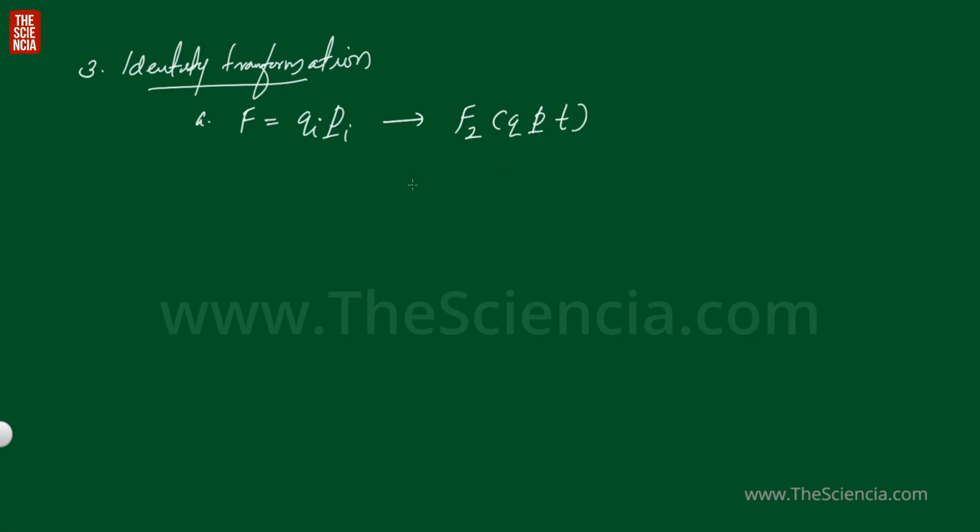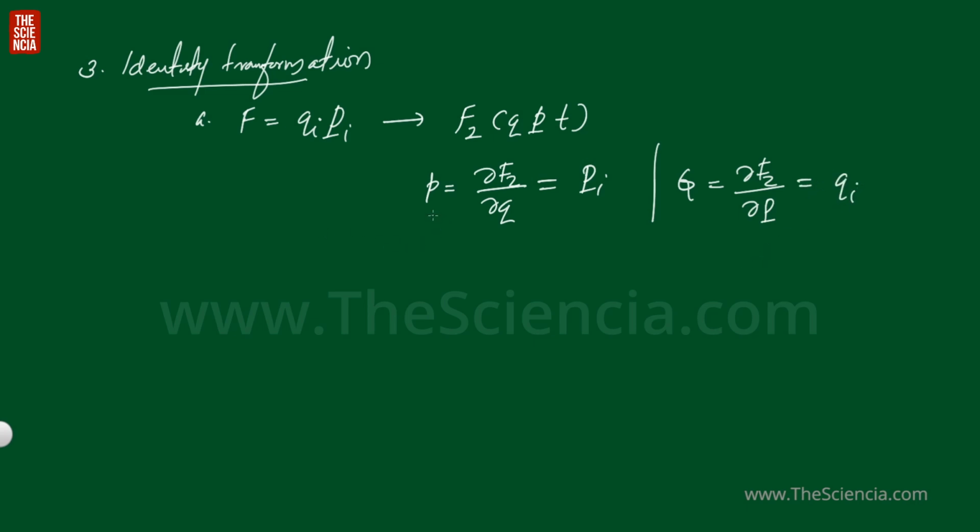So what will be the canonical transformation? The missing coordinate, small p, is equal to ∂F2/∂q. So this is equal to Pᵢ. And the second one, the missing coordinate is capital Q, equal to ∂F2/∂P. That is equal to, we get qᵢ.